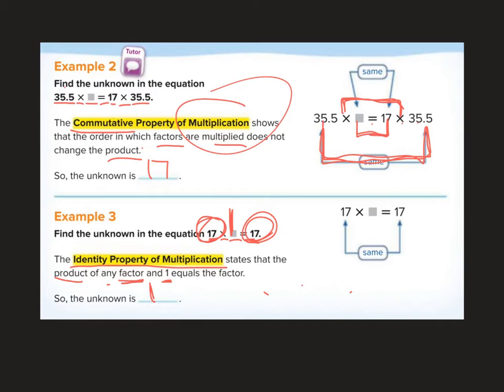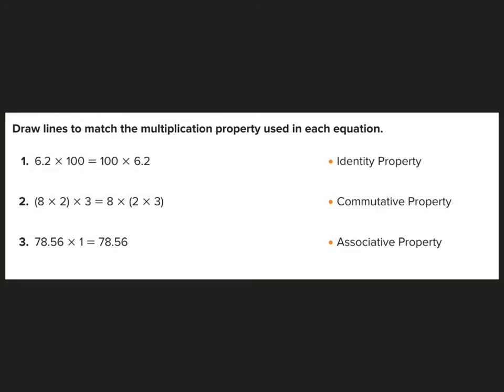Let's do a quick problem here. Draw lines to match the multiplication property in each equation. We can notice 6 and 2/10 and 100. We just switched them, so that's the commutative property.